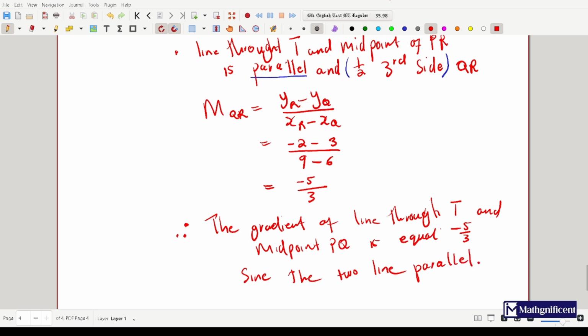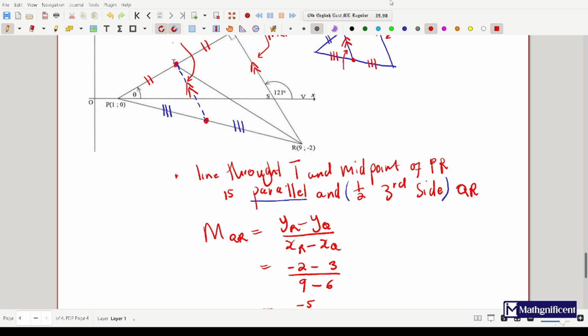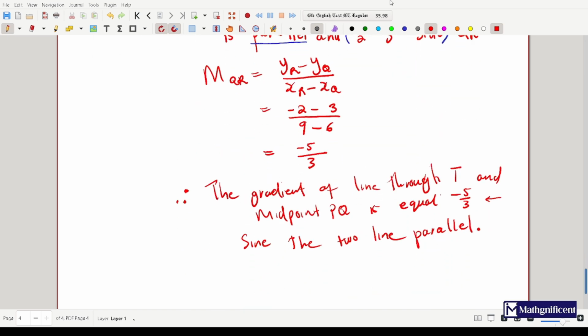So that's what we have here in this case. That's how we determine the gradient of that particular line. We use the midpoint theorem, right? So you use the midpoint theorem to determine this particular answer for this question here.